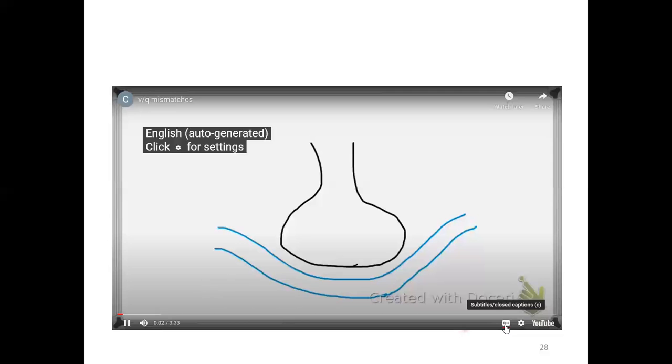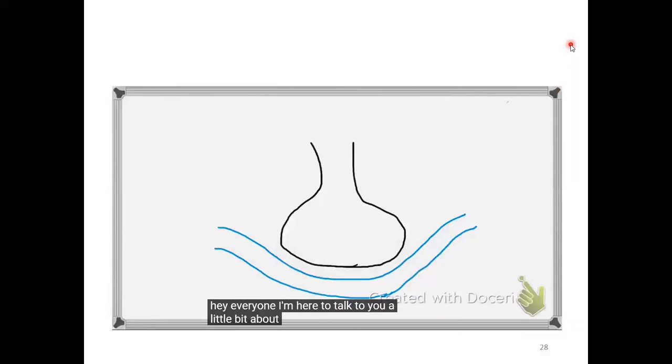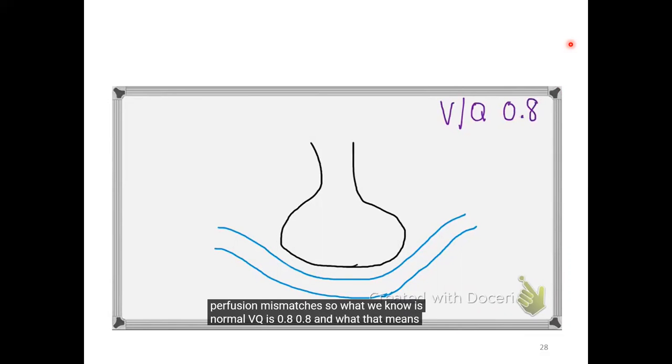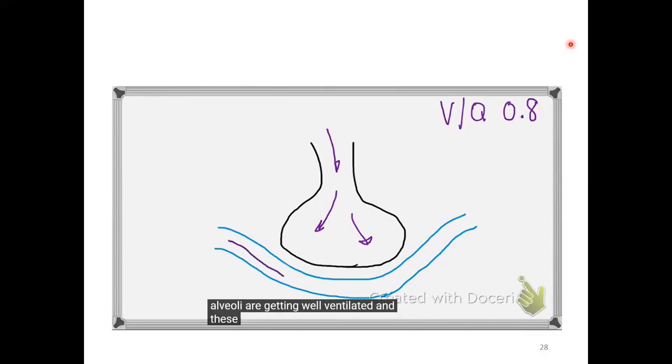Hey everyone, I'm here to talk to you a little bit about ventilation and perfusion mismatches. So what we know is normal VQ is 0.8. And what that means is these alveoli are getting well ventilated, and these capillaries are getting well perfused.